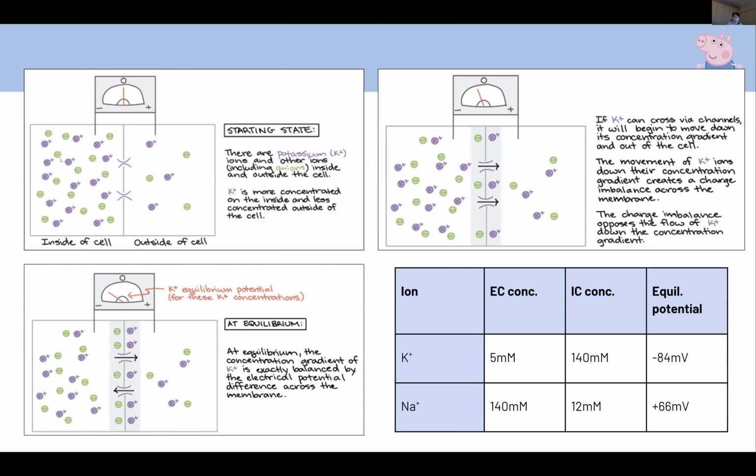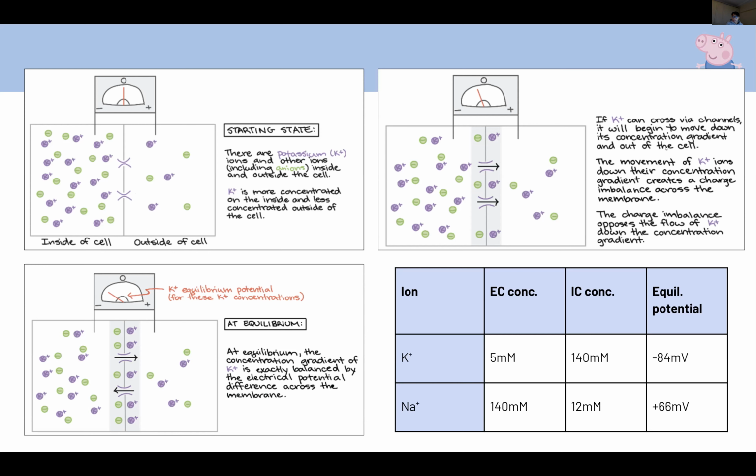So there's zero net charge inside the cell and zero net charge outside of the cell. But potassium is more concentrated inside the cell and less concentrated outside of the cell. We also have these channel proteins here, these leaky channels, and they're only selectively permeable to potassium. So it means that our anions aren't going to be able to flow through, but our potassium is.